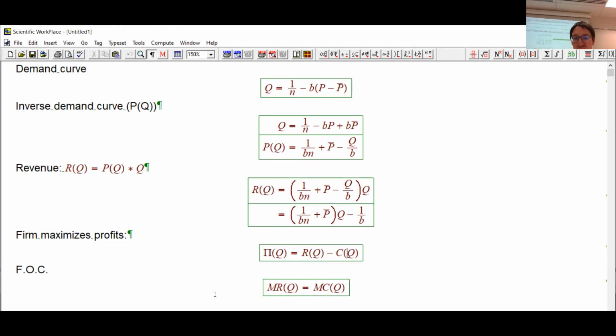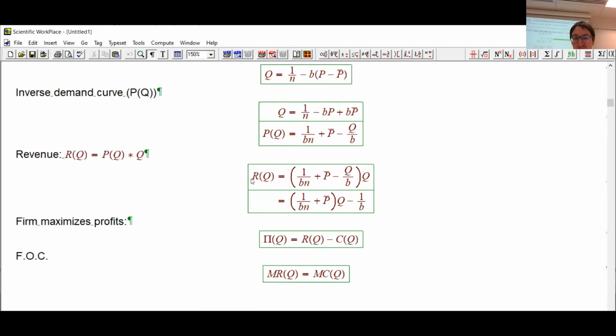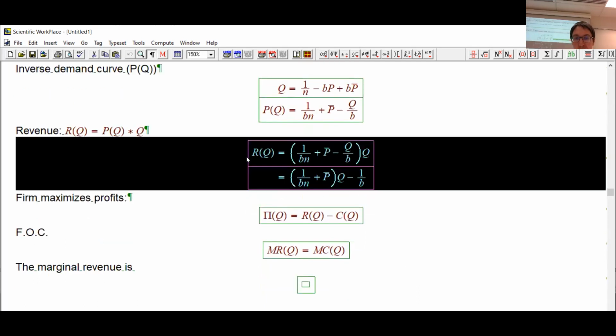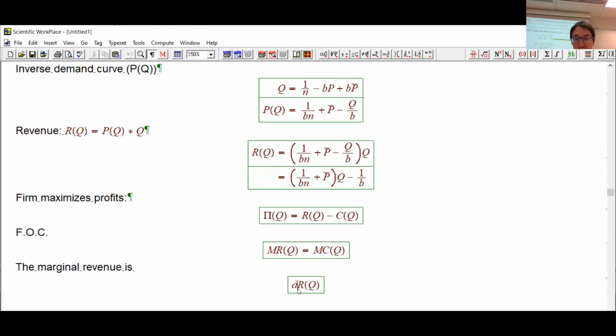The marginal revenue is simply dR of Q over dQ, and it is equal to, since 1 over B doesn't appear, 1 over BN plus P bar.